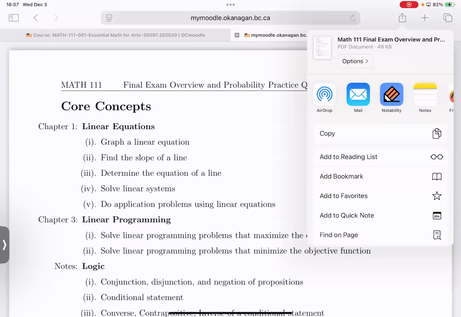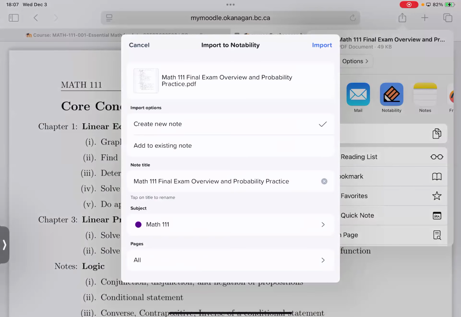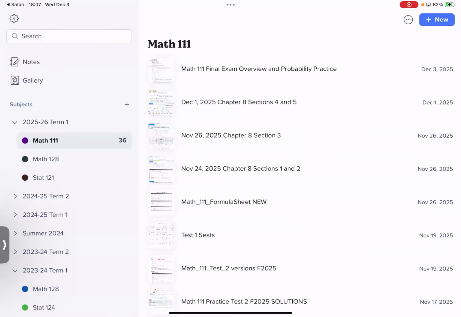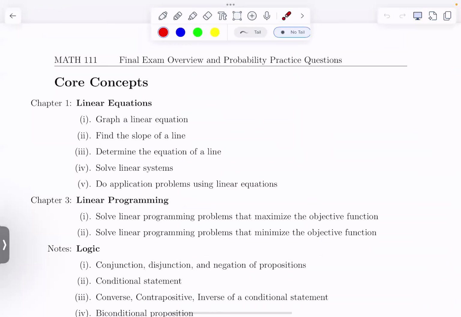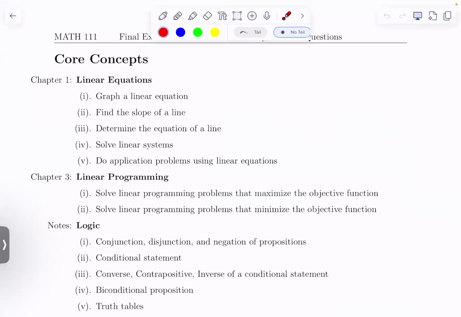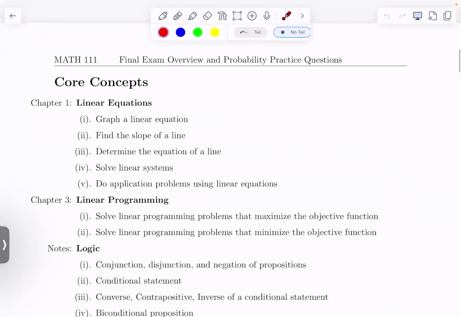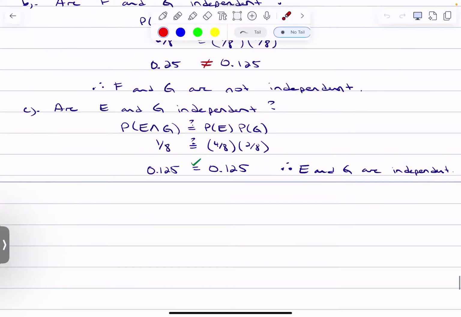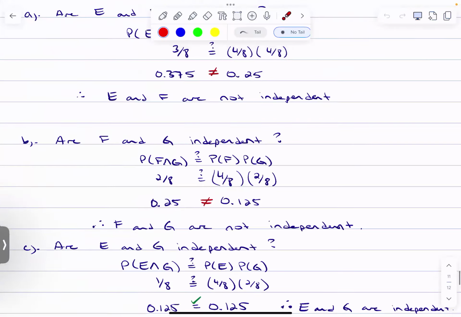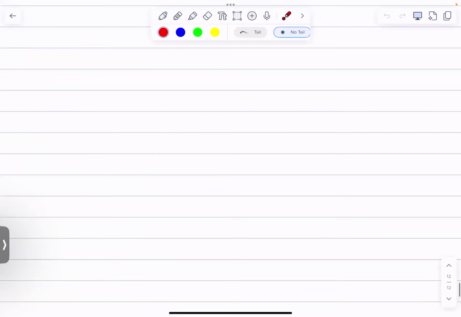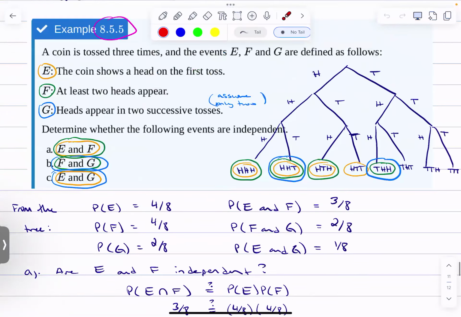I should open it in Notability so that we have it. Okay, good. I have this vague memory. I added stuff, didn't I?